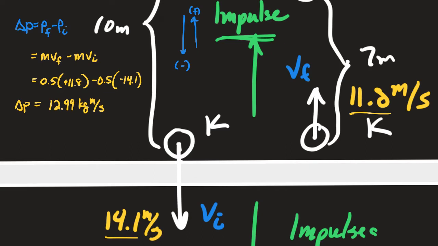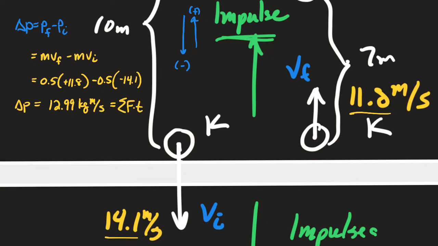Any questions about that part? Well, how long was the ball in contact with the ground? 0.02 seconds. This impulse had to equal net force times time, and we're told 0.02 seconds was the time that they were in contact.